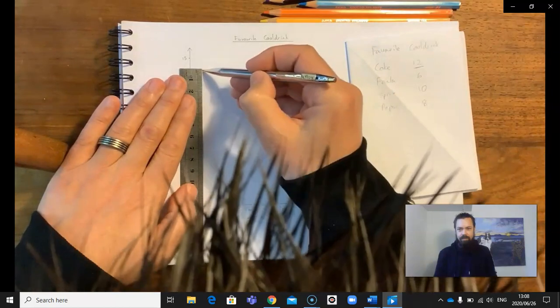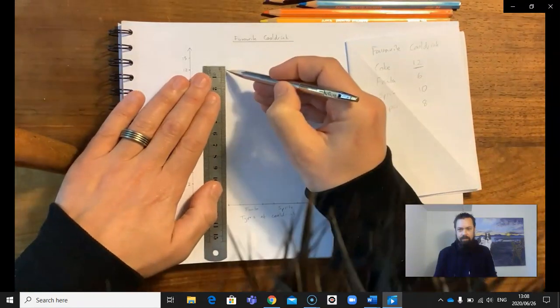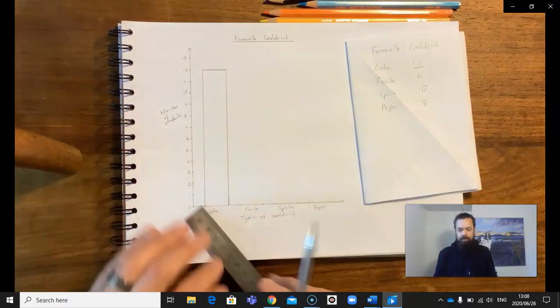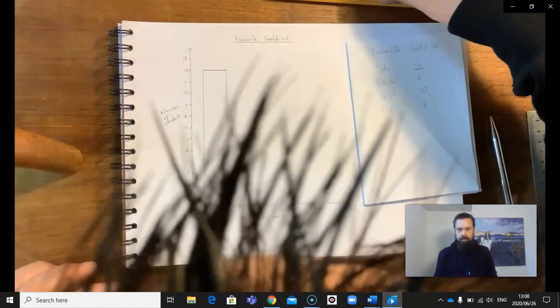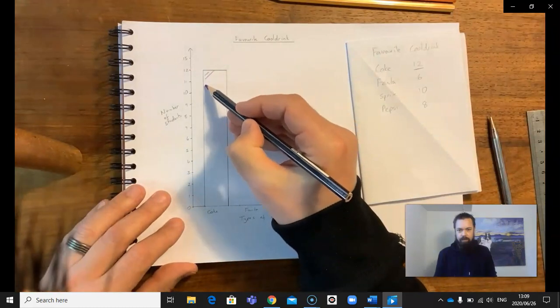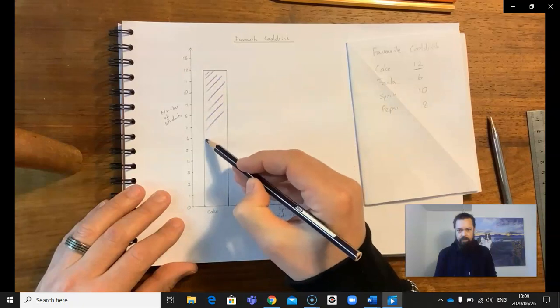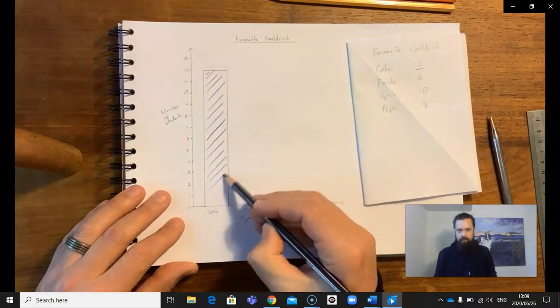I can join up that corner with the edge of the bar, and that corner with the edge of the bar. So that's showing me that Coke is at 12. And I've got some colors here. I decided to do Coke in purple. Maybe you shade yours. I'm not going to spend the time doing that. It might be nice to outline it.